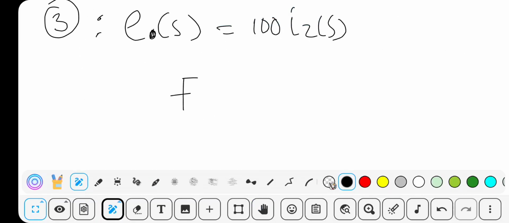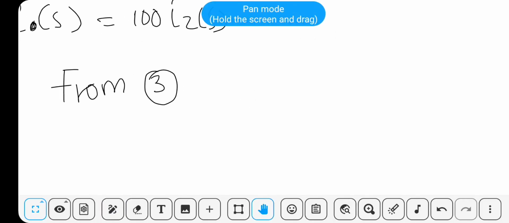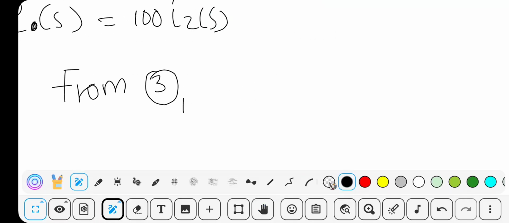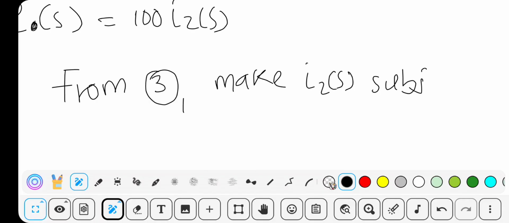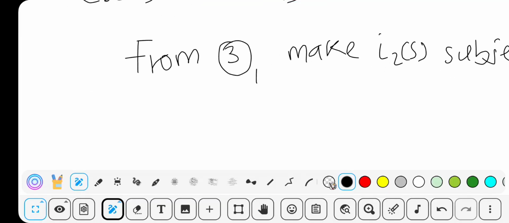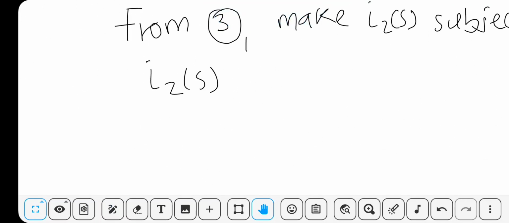So from equation 3, make I2 of s subject of the formula. Just divide both sides by 100.